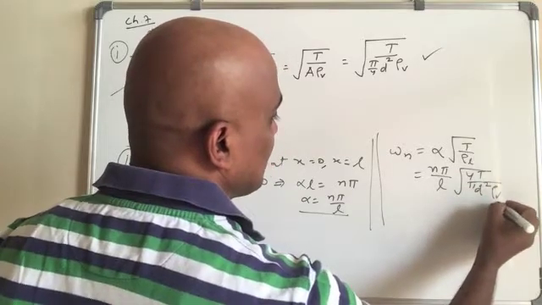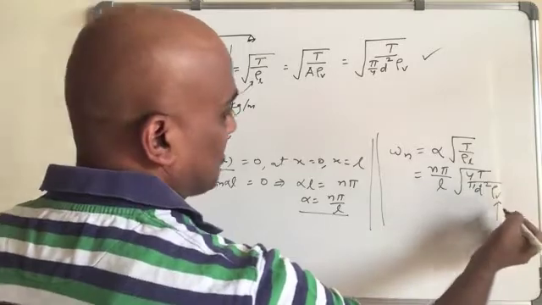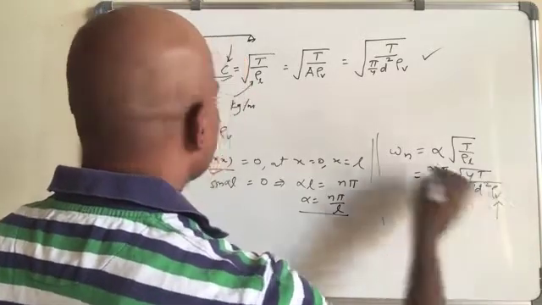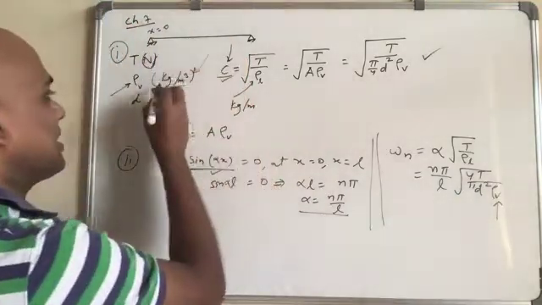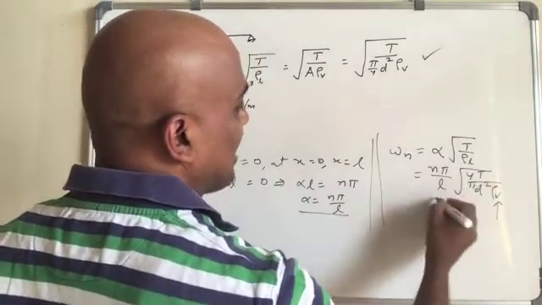Rho v means the density of the material, so you have to give this in kg per meter cube. Okay, so this is what the equation will be.